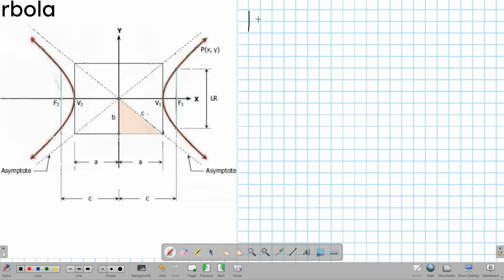Now let's look at the different parts of the hyperbola that we're going to look for. So of course, we start at our center, whether it's 0, 0 or whether it's h, k. And then we look at our equation to determine whether it's horizontal or vertical, because that will tell us where to move when we're going to look for other parts.